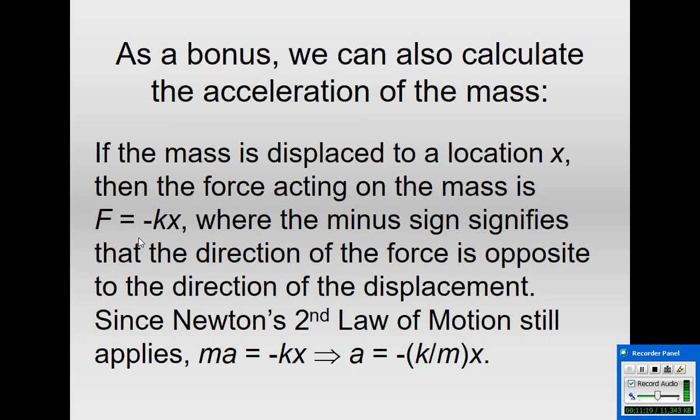Now this minus becomes important, because the minus is giving us information about direction. If x is to the right, that means x is positive, but it means that the force is trying to pull the mass back to the left, because equilibrium is to the left of the mass if the displacement is positive.